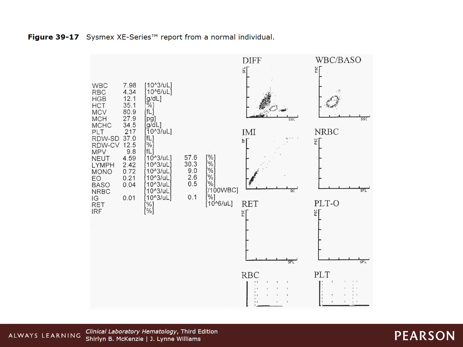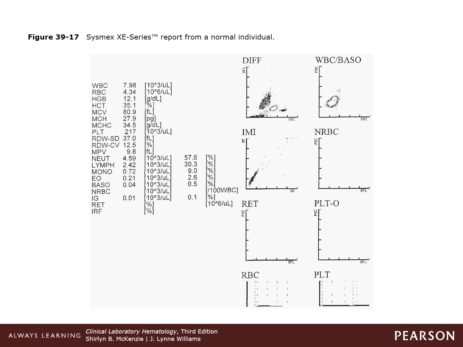The optical detector analyzes each cell's forward and side scatter as it passes through the laser beam. This adaptive cluster analysis evaluates the information to determine the total WBC count and basophil count.